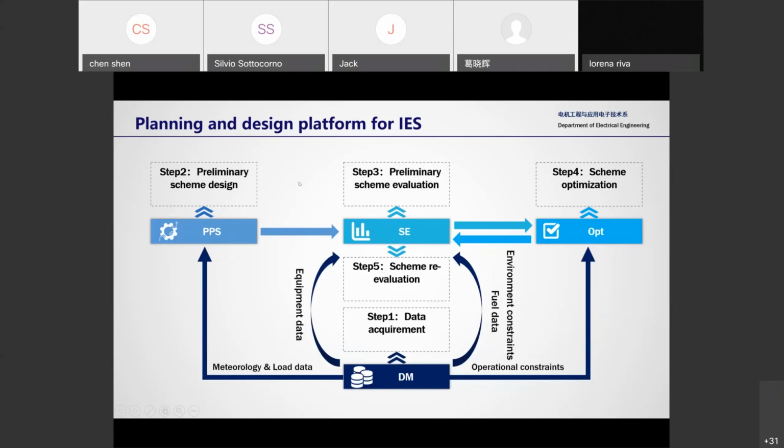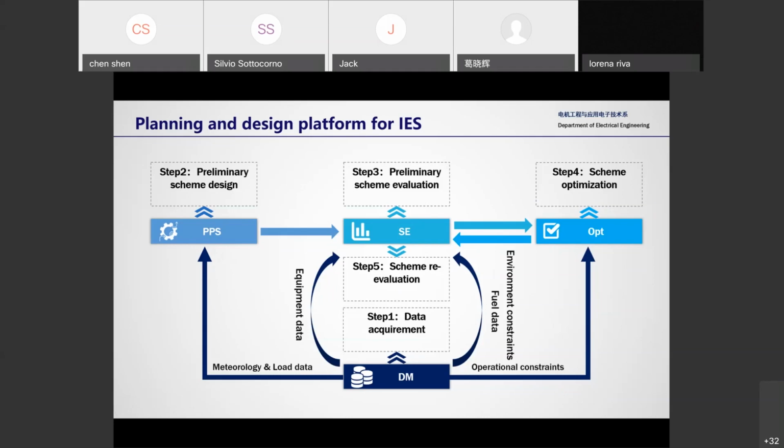Then a preliminary scheme is simulated. We need to do the probabilistic production simulation to see how this preliminary scheme is working.